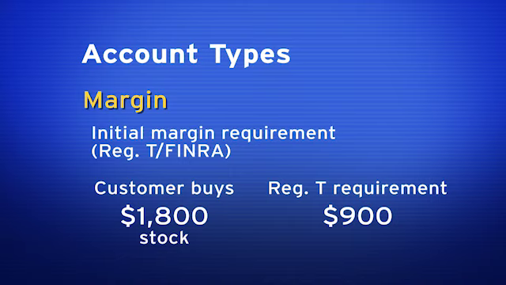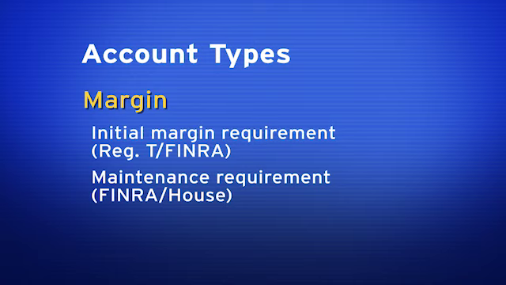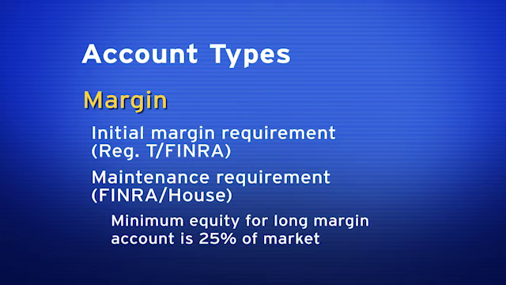Now, in addition to the initial money that must be deposited, margin accounts must maintain a minimum equity. FINRA requires a minimum equity be maintained in the account. The minimum equity for a long margin account, a margin account in which you bought securities, is 25% of the market value.